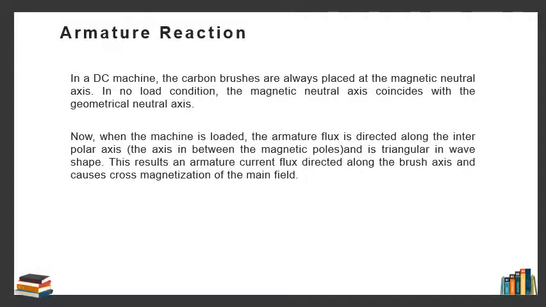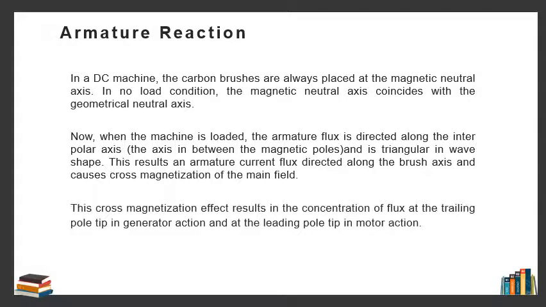Now, when the machine is loaded, the armature flux is directed along the interpolar axis, the axis in between the magnetic poles, and is triangular in wave shape. The result is an armature flux directed along the brush axis, which causes cross magnetization of the main field. This cross-magnetizing effect results in the concentration of the flux at the trailing pole tip in generator action and at the leading pole tip in motor action.